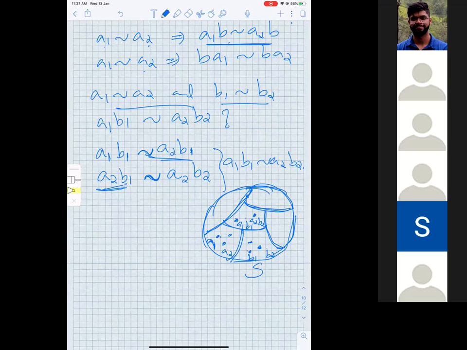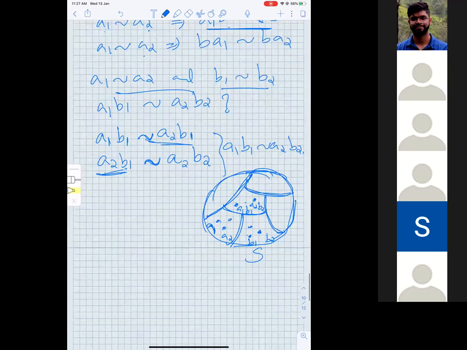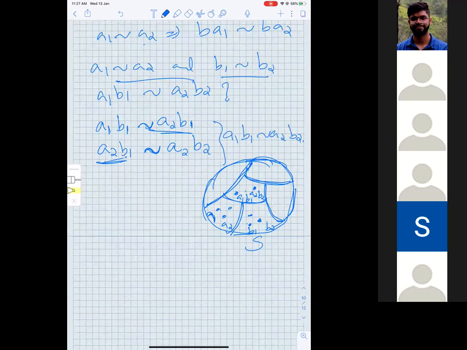Therefore, we can consider S slash tilde, where each equivalence class is just one point, to be a semigroup.